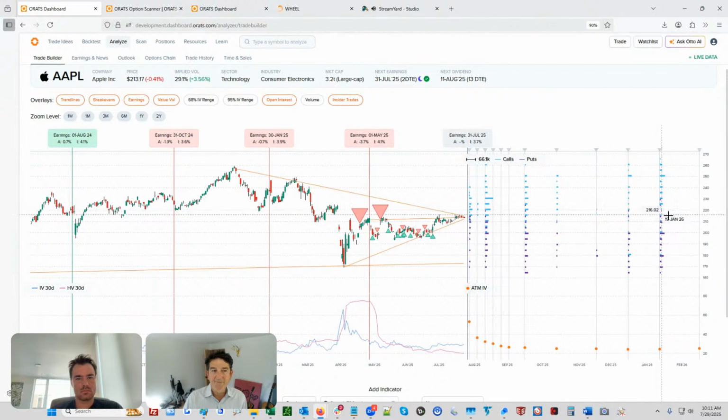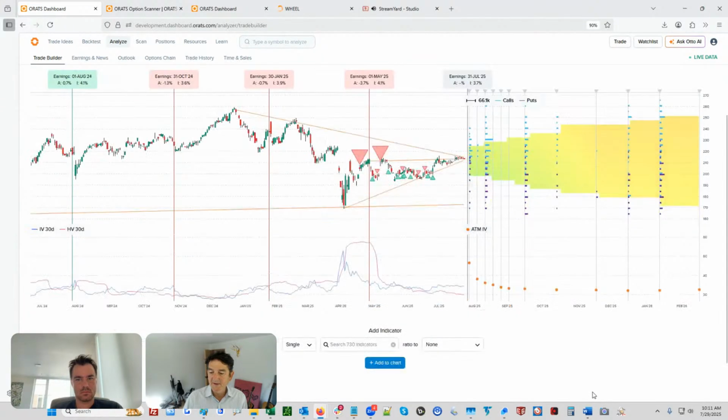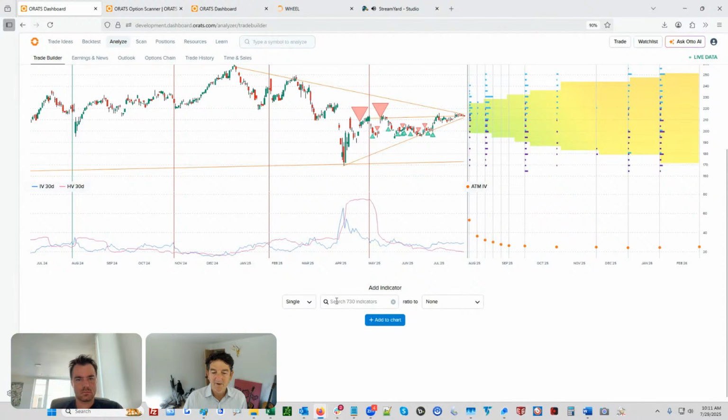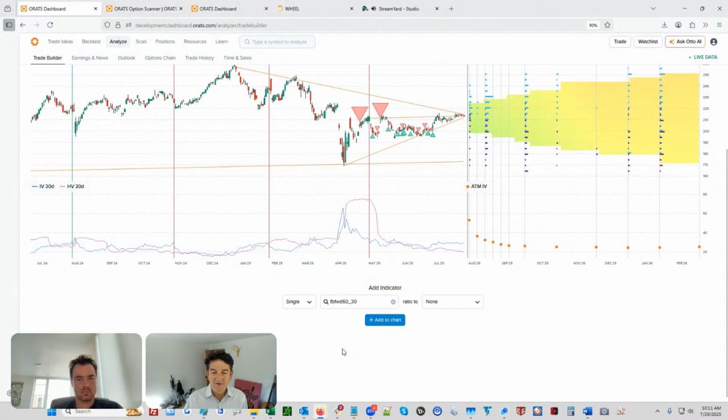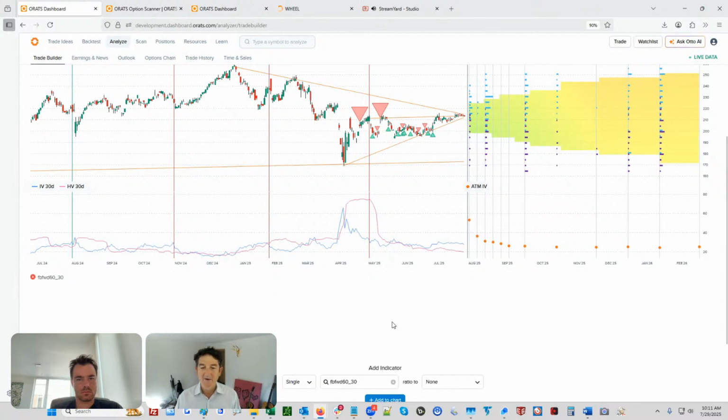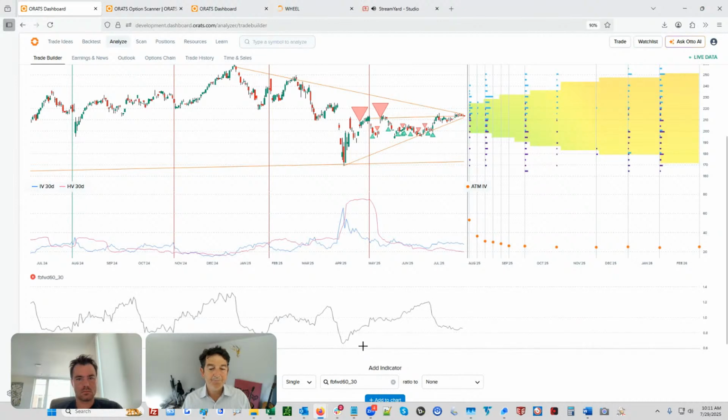So on Apple, if we want to add this indicator, FB 6030, right? That's what we have. So, here's 1, right? And here is where it is now, like we observed, right?